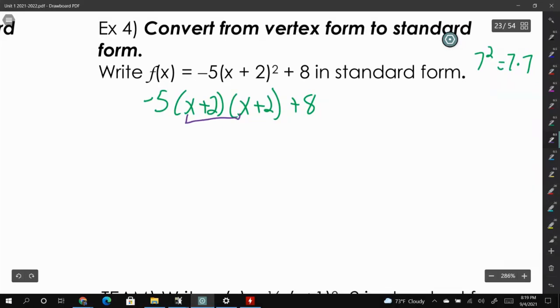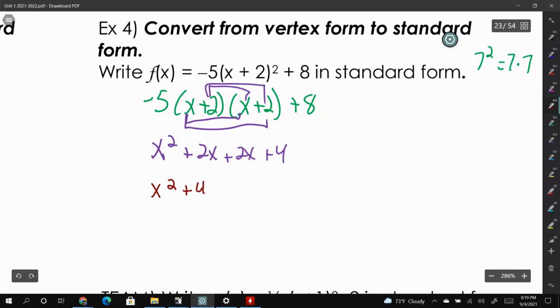So we get x squared plus 2x plus 2x plus 4. Combine our like terms: x squared plus 4x plus 4, and we still have that -5 out in front and that plus 8 at the end right here.